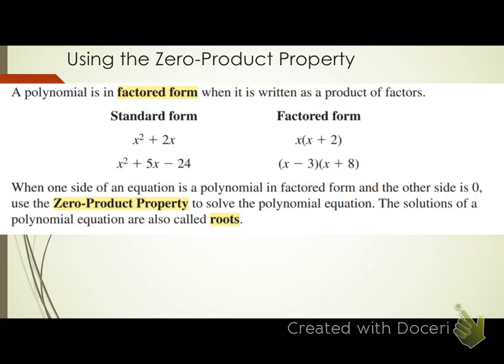If I were to FOIL this out, I would get back to my original standard form. But this is what factored form will look like of polynomials. Any questions on what factored form is going to look like? Two other polynomials being multiplied together. When I multiply them together, I get to my original polynomial.